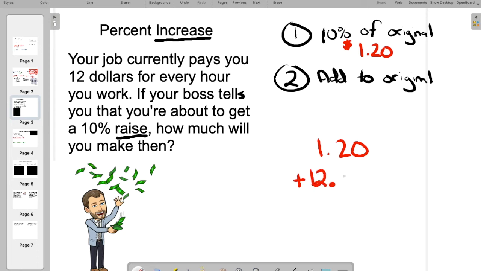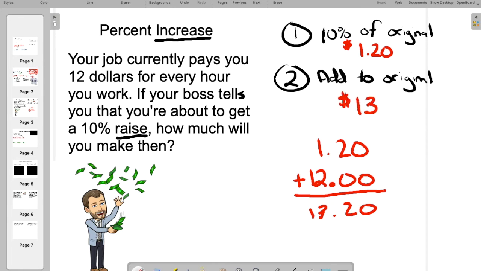Now, got to be very careful with lining up our decimal because we are adding decimals, and that's one of the most important rules when we're adding and subtracting decimals. After we add back to the original, we end up getting $13.20 as our new salary.